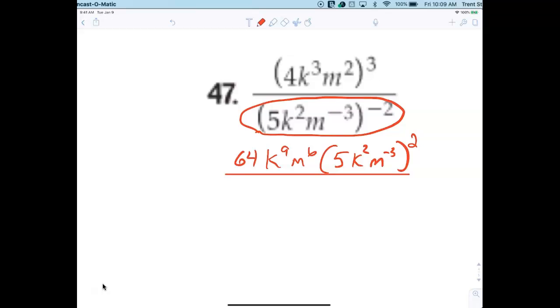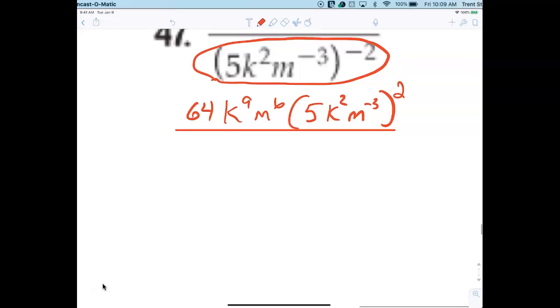Like that. You see that? All right, these are a little bit trickier now. That's what I'm saying. You go with this? All right. Now I'm just going to bring down, so there's nothing in the denominator now. Does everybody agree? So now I'm just going to write 64 k to the 9th, m to the 6th.